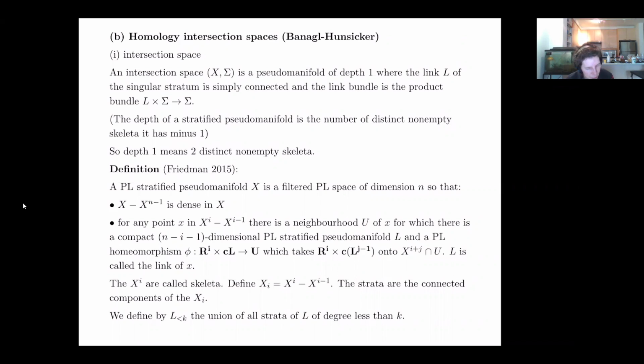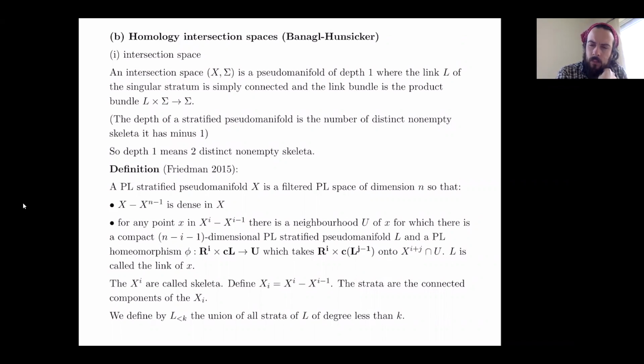I think for particular examples like cones, you maybe would not expect that the homology intersection space would be the same as the intersection homology. The particular case that we were studying was a cone.